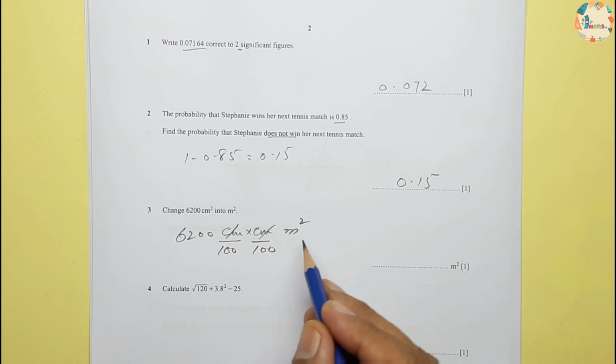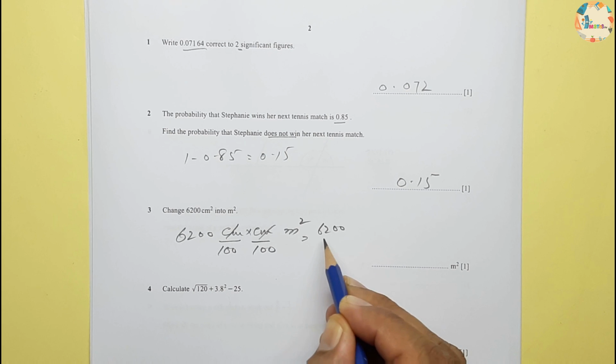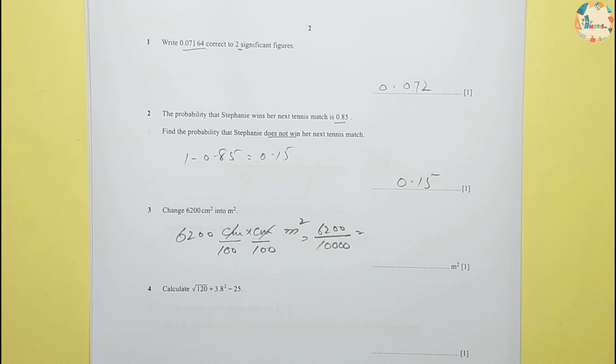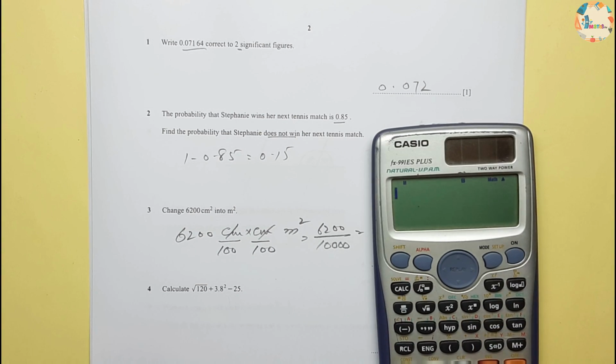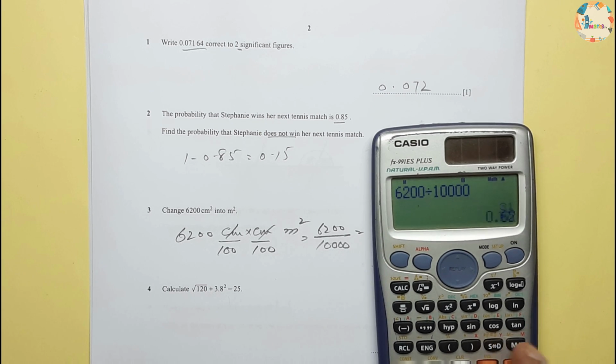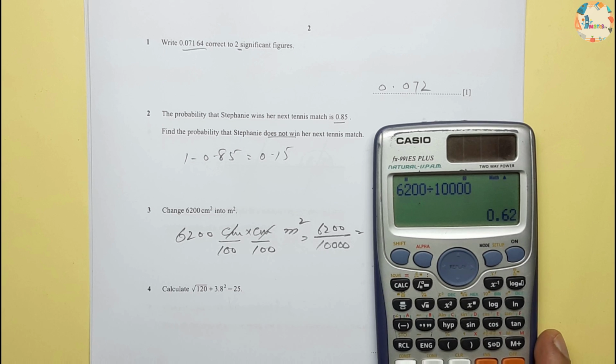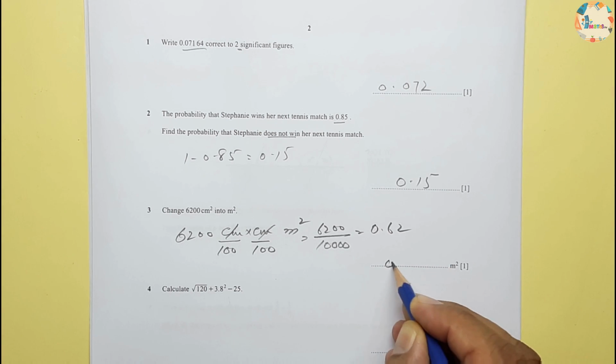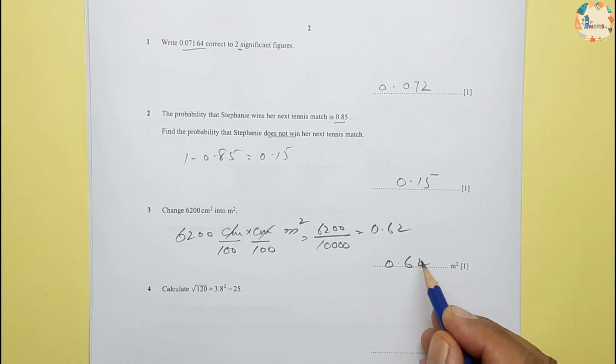Now we have to divide this 6200 by 10,000, so this will be equal to 6200 divided by 1 and 4 zeros, and this will be equal to 0.62. 0.62 will be our answer.